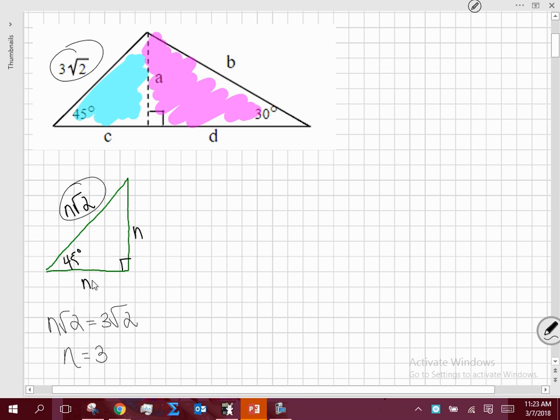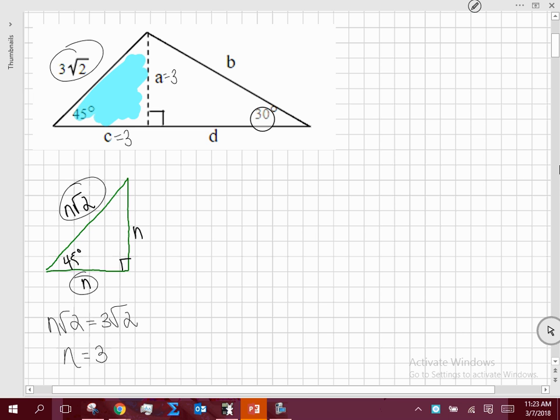So in our template, n is that side there, right? So up here, C would have to be 3. Is that all right? For the same reason, what's A going to be? A is going to be 3 as well. Now, doing that, have we now worked with this triangle, found enough values that allow us to kind of fall into this triangle and now deal with parts that are in this one?